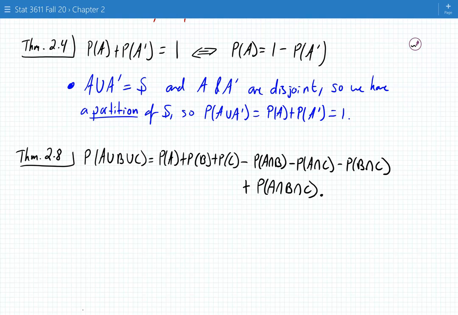And there is a bit of a pattern that you sort of start to see develop. If you look at further results of this, if you look at the union of maybe 4 events, you're going to have a very similar pattern starting point here where you add in the individuals, then you subtract all the pairs of intersections. Then you're going to add in all the triple intersections, but then you're going to subtract out the four-way.